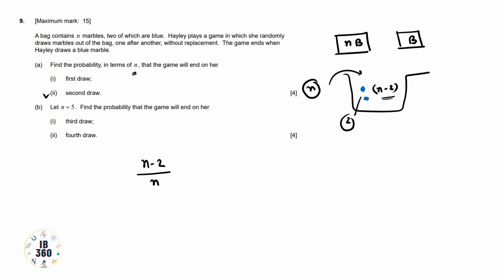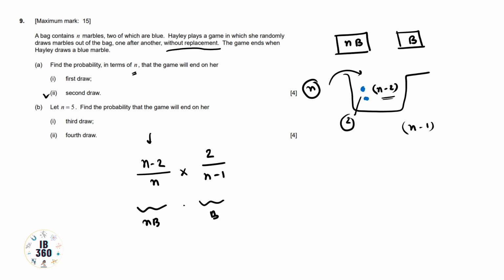Into, in the second draw, for blue she needs to pick one marble from the blue part. Two blue marbles are there, so 2 divided by, now one marble has been picked up and it is without replacement. This word is very important. It means now in this particular bag the number of marbles is n minus 1, because one marble was picked up in the first trial.